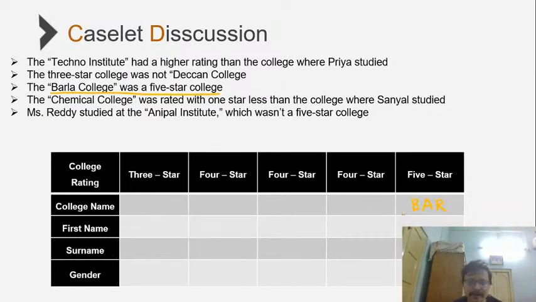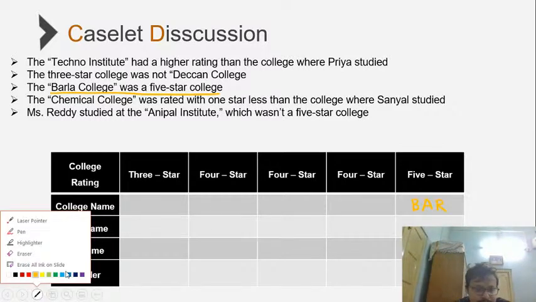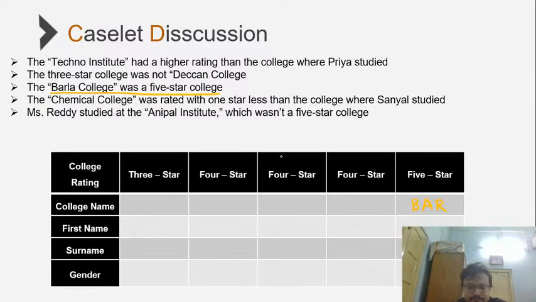Now the moment you mark the 5-star college as Barla, the next thing that will come in is, what do I do with this clue that says Techno Institute had a higher rating than the college where Priya studied?